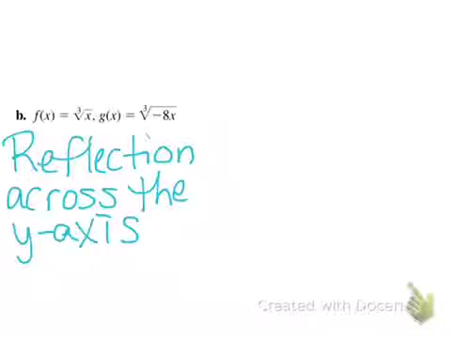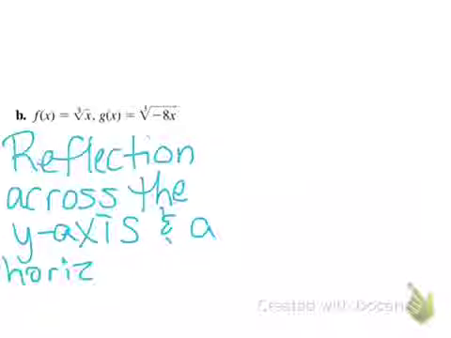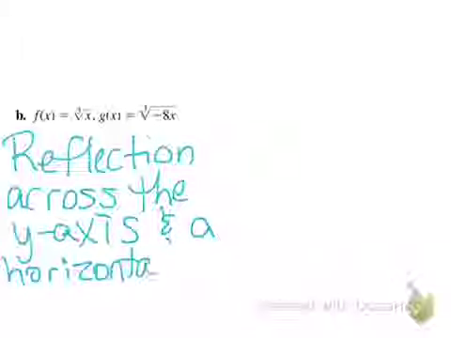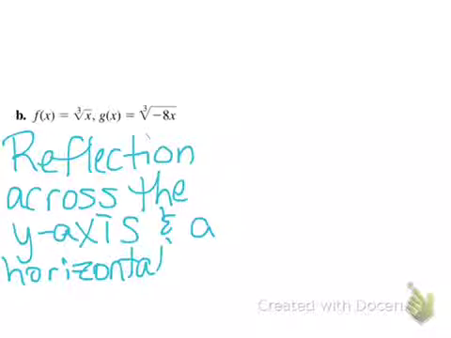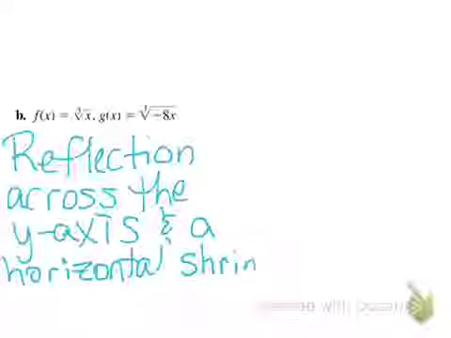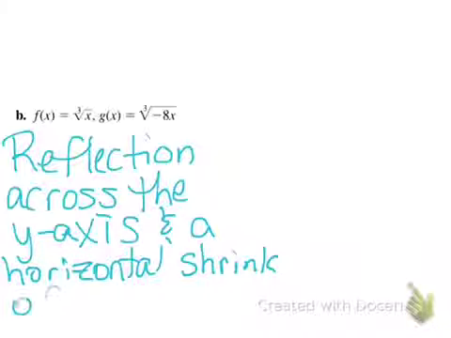And then the 8 on the inside is a horizontal, and since it's 8, it's bigger than 1. It's going to be a shrink of 1 over 8.